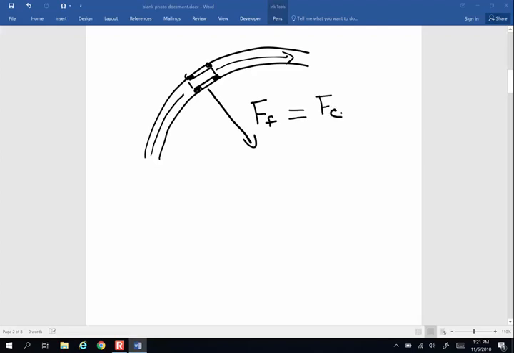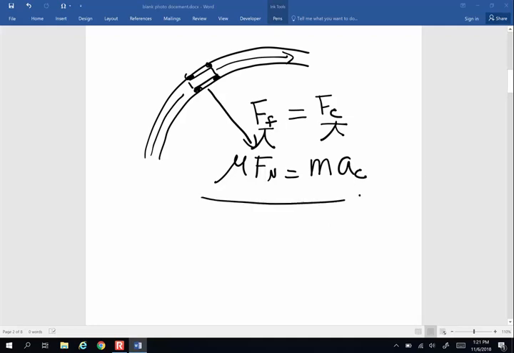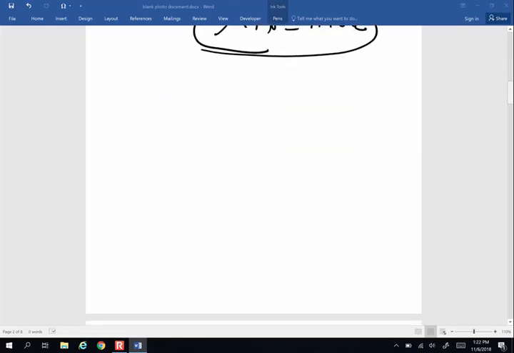Once you have that identified, you can start replacing these with equations we already know. So friction force can be replaced with mu times normal force, and centripetal force can be replaced with mass times centripetal acceleration. Now we can plug some things into equations and solve for our unknowns.